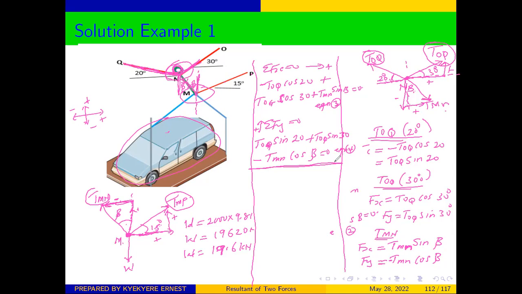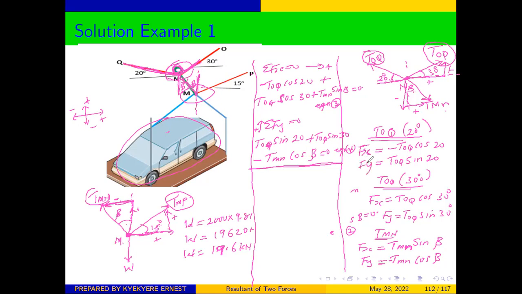First of all, because we have 4 equations, we want to reduce the 4 equations to 2 equations.